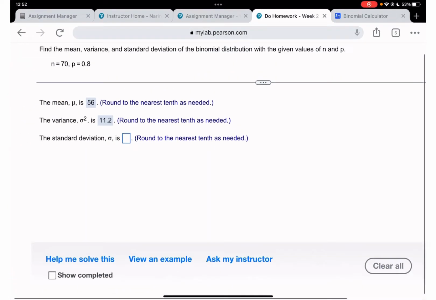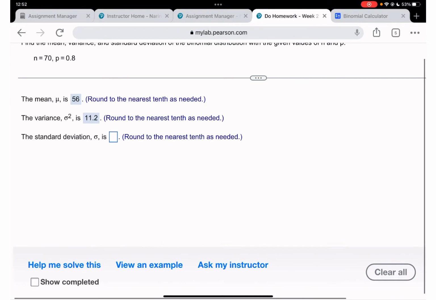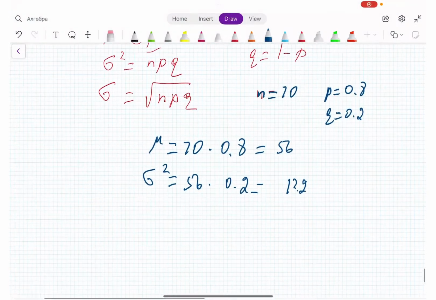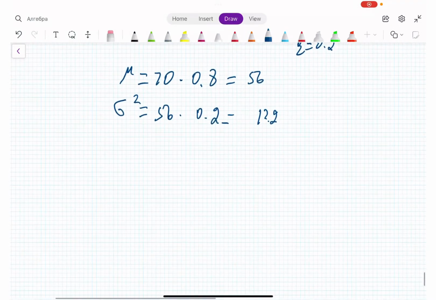Okay. And lastly, standard deviation, sigma. Sigma is going to be the square root of 12.2. Let me take the square root of 12.2. Where is the square root here? 3 point, how many decimals? 1, 3.5.